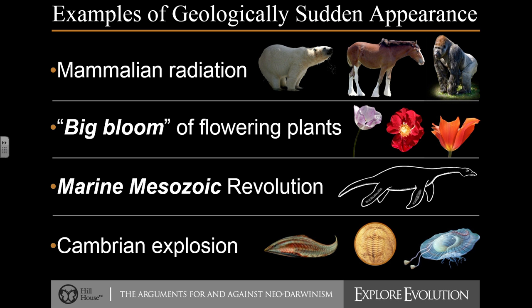Other examples: it's not just animals. We found this in flowering plants as well. We also find this in the aquatic organisms, and then the biggest and most dramatic example, of course, is the Cambrian explosion.